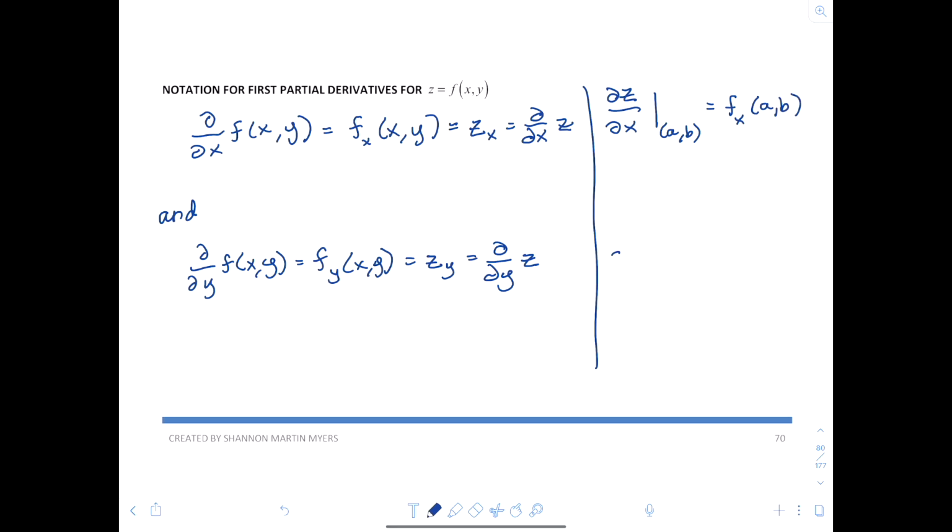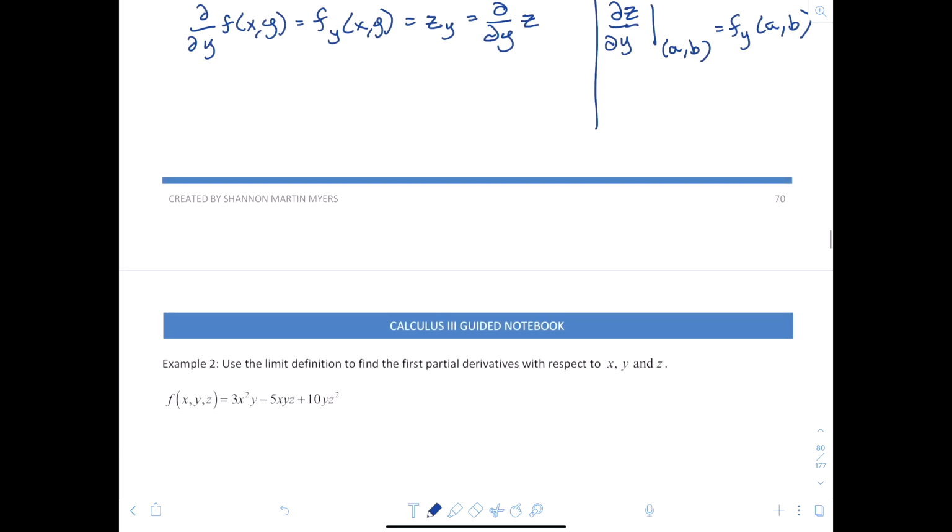If you had the first partial derivative of z with respect to y evaluated at some ordered pair AB, that would be fy at AB. Cool? All right.